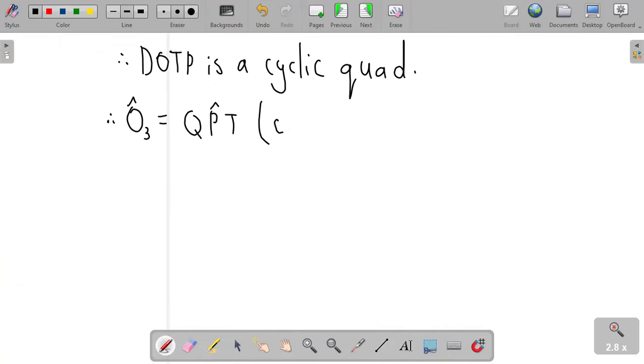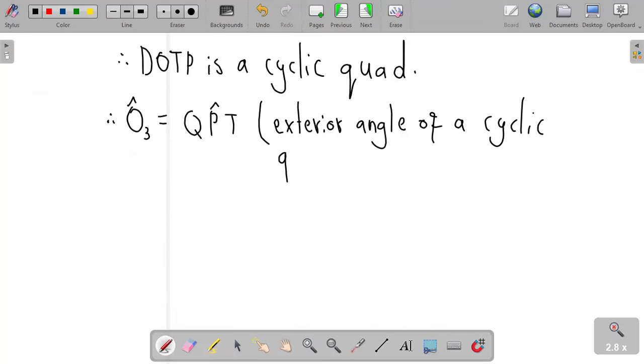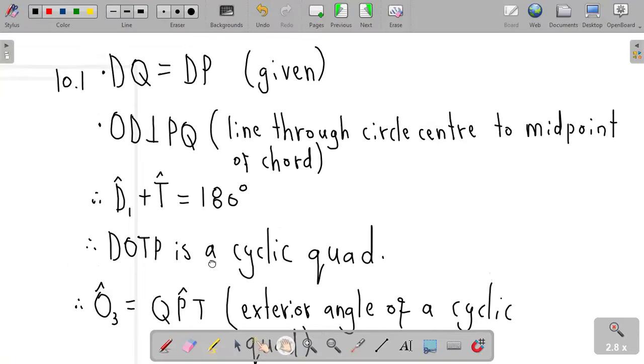The angle here is the exterior angle of a cyclic quad. If you know how it works, it's equal to the opposite interior angle. So we've shown it.